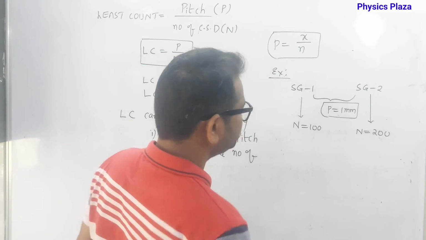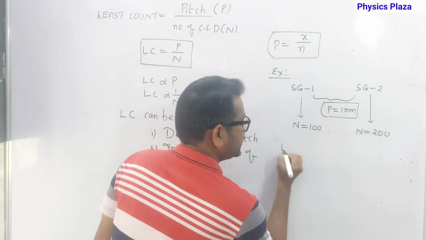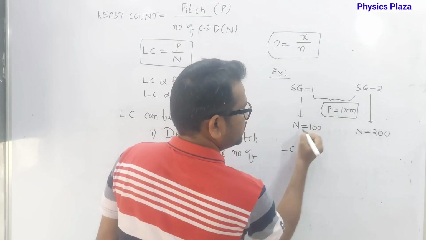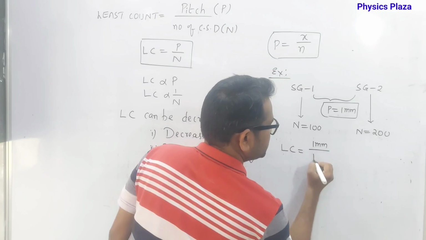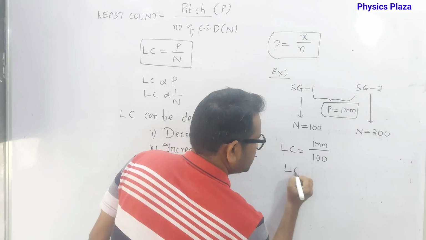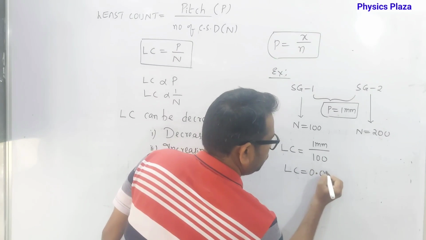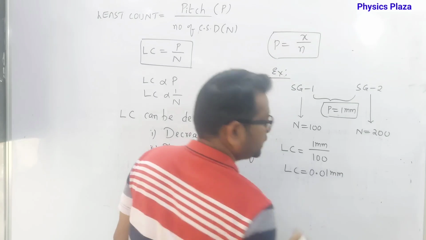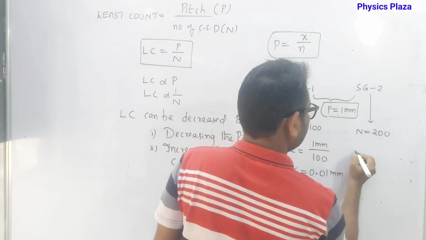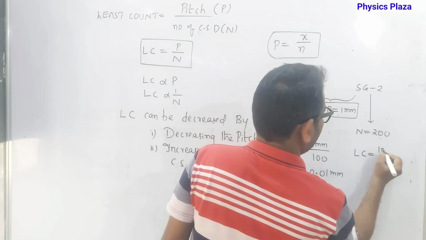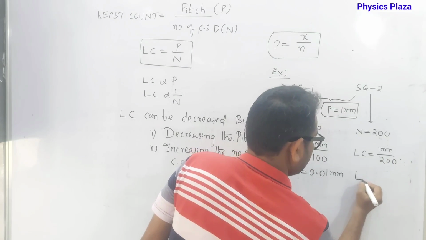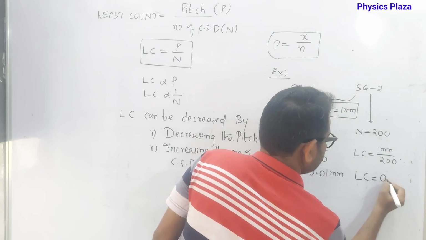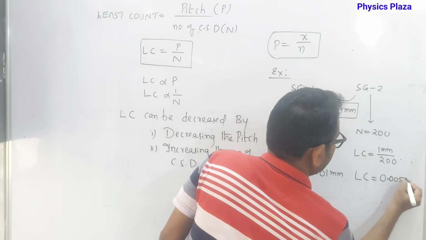Look at here. Children, we know that least count is equal to pitch by number of circular scale divisions. It is 1 millimeter by 100, that is, least count is equal to 0.01 millimeter. But here least count is equal to 1 millimeter by 200, so here least count is equal to 0.005 millimeter.